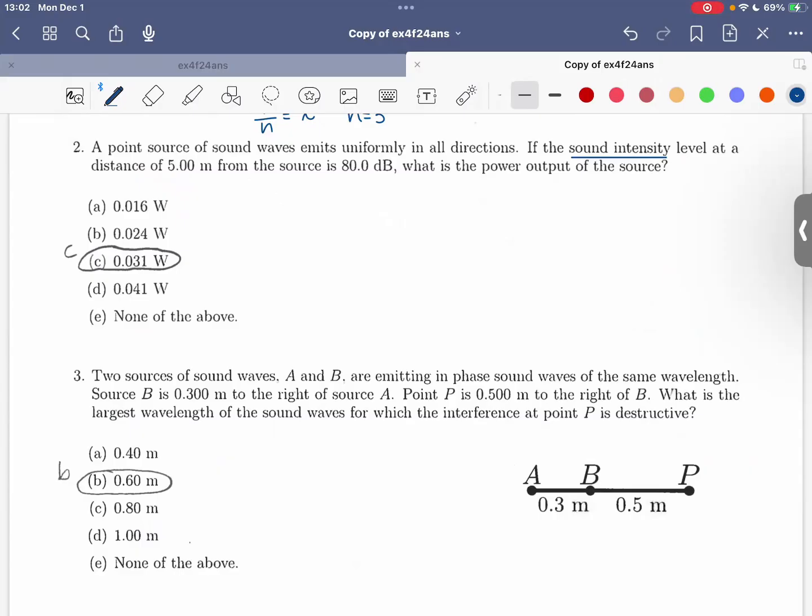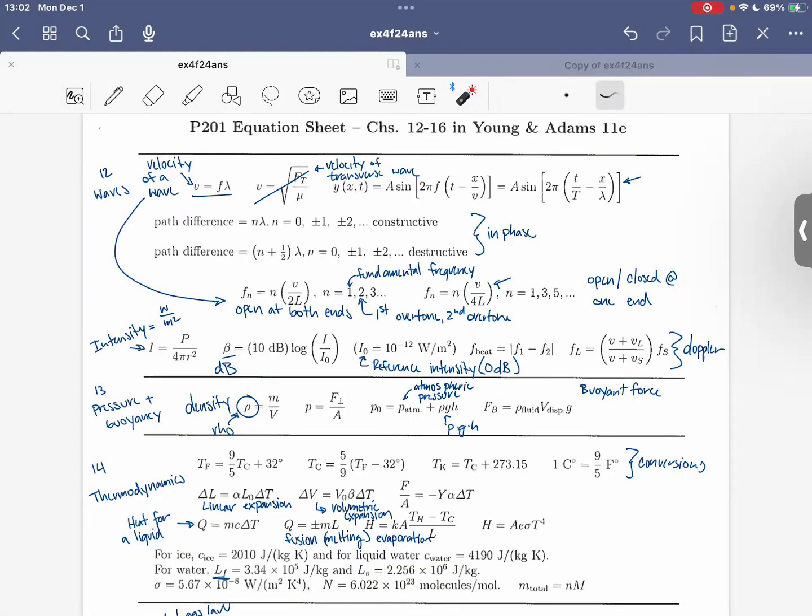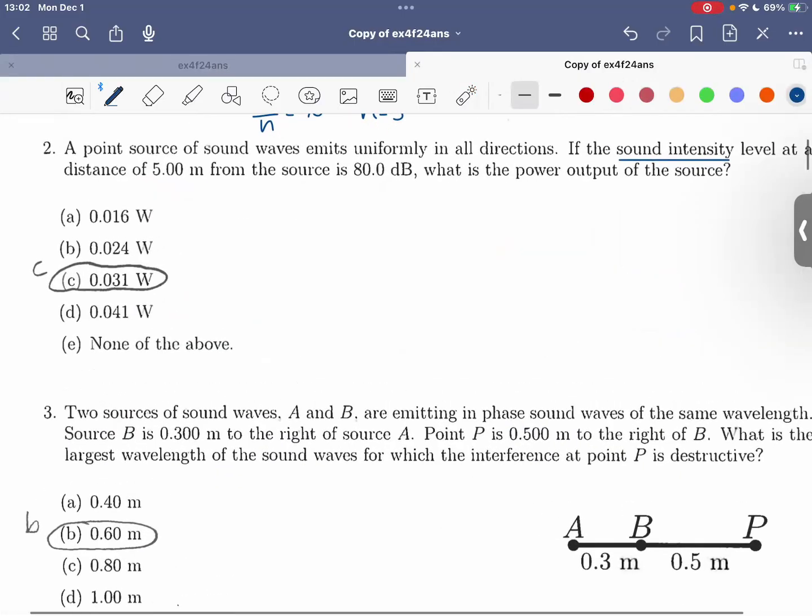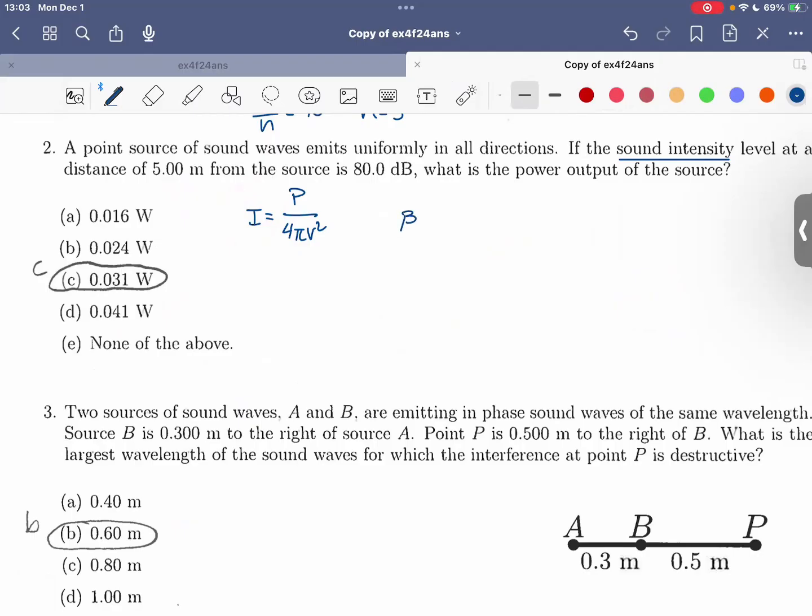That's important because we're asked to solve for power output. So we'll use this equation right here: intensity is equal to power over 4 pi r squared. And to solve for this intensity, we have to use this equation: beta is equal to 10 decibels times log of I over I naught.